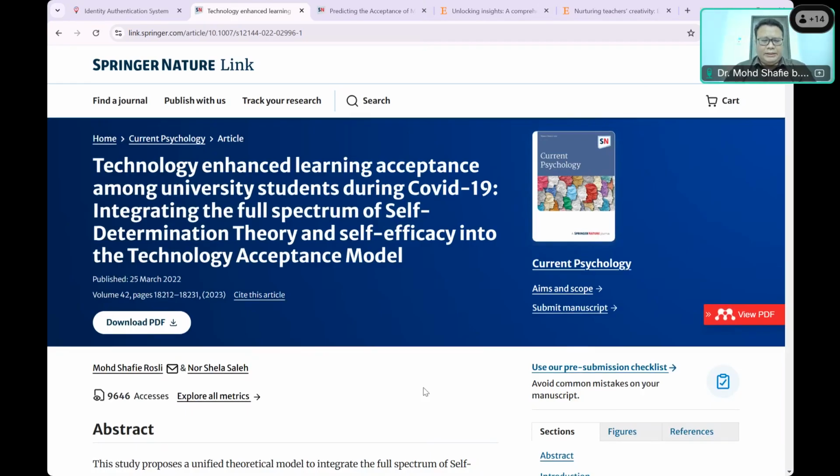Okay, so this is an example. This is a Q1 journal article published in 2022. What I did in this study is that we collected data.